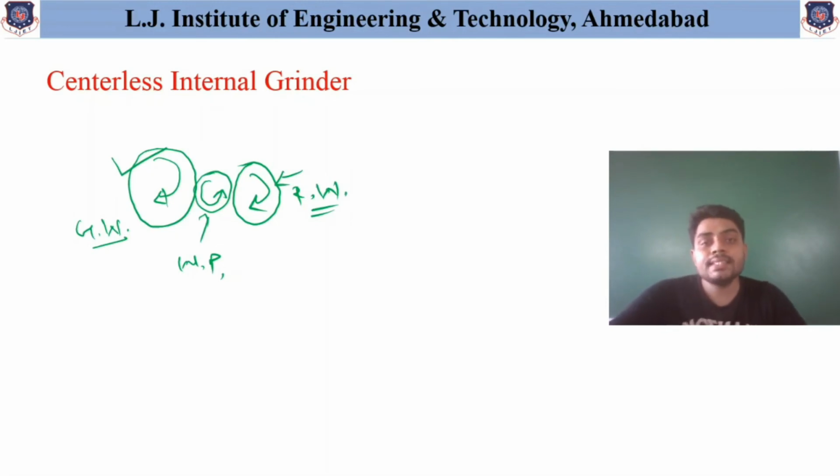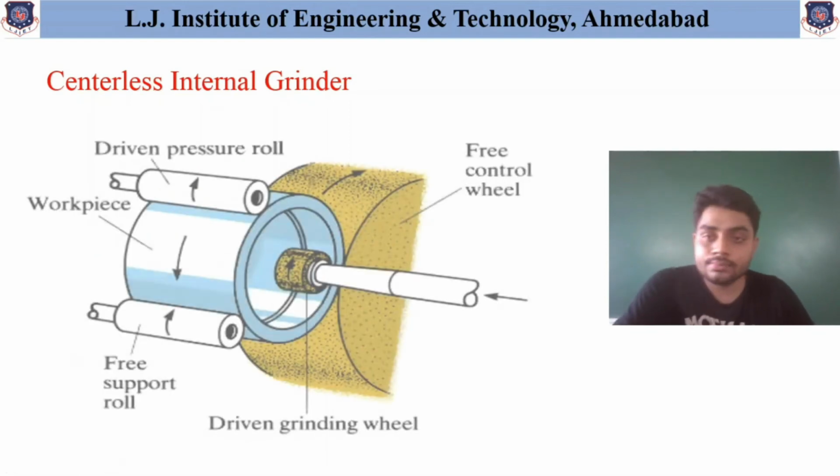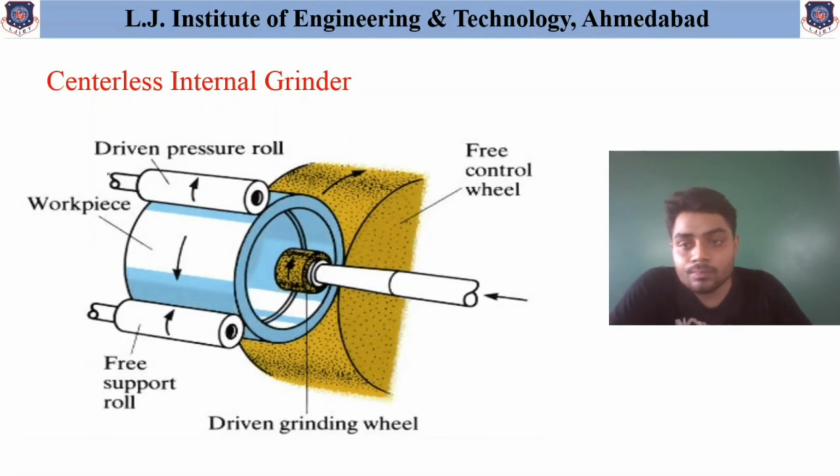So this is the basic principle that we have seen in our previous lecture in the case of the centerless grinder. In addition to this, what is the extra requirement in the case of the centerless internal grinder? Let us have a look at the figure shown over here. As you can see, this is the grinding wheel.